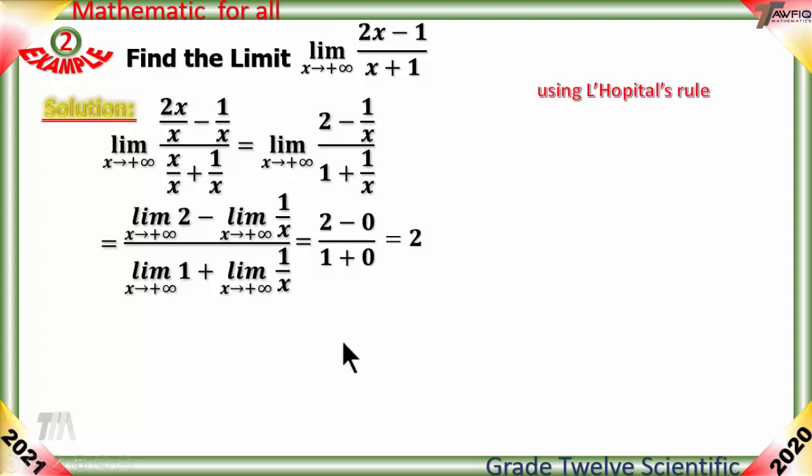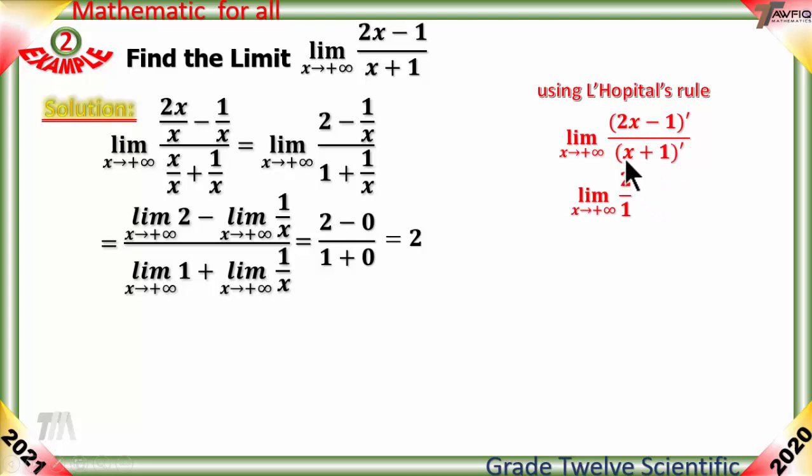Here we have another way to solve this example by using L'Hôpital's rule. The limit when x approaches positive infinity of 2x minus 1 over x plus 1: we take the derivative of the numerator and denominator. The derivative of 2x is 2, and the derivative of 1 is 0.